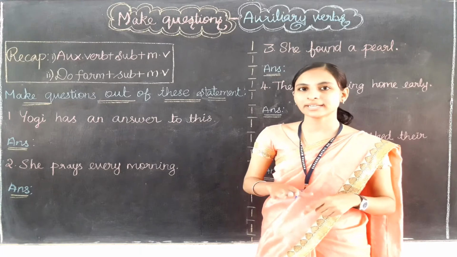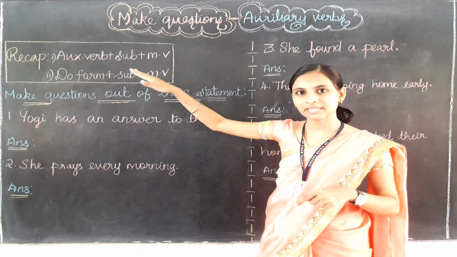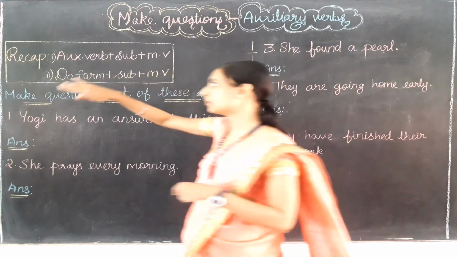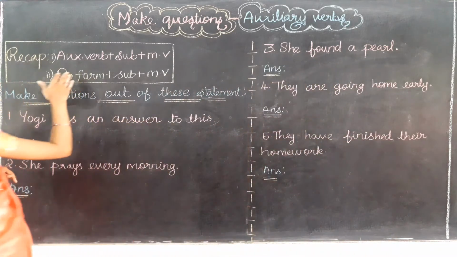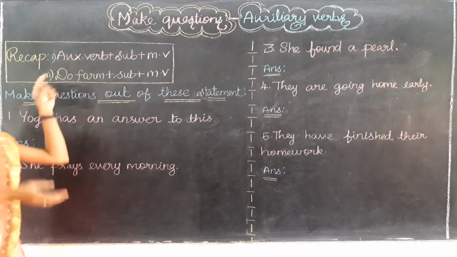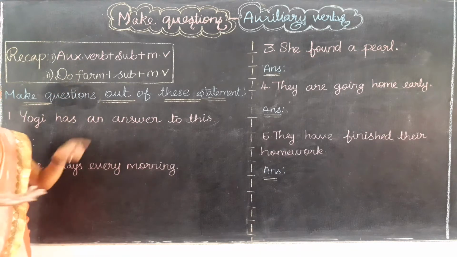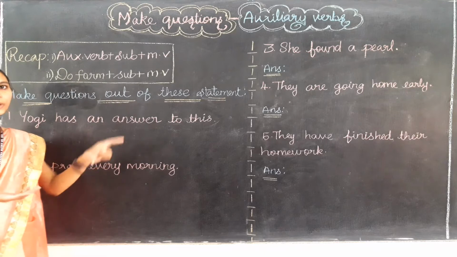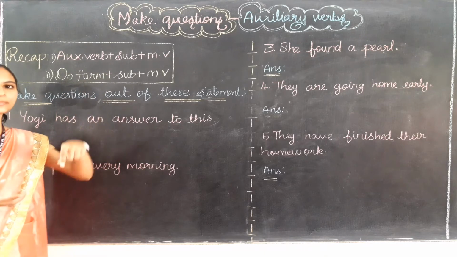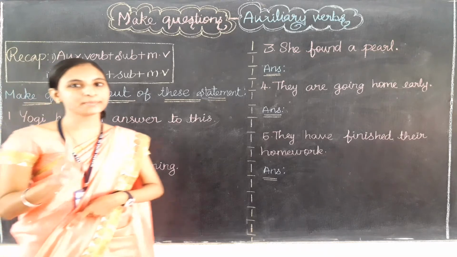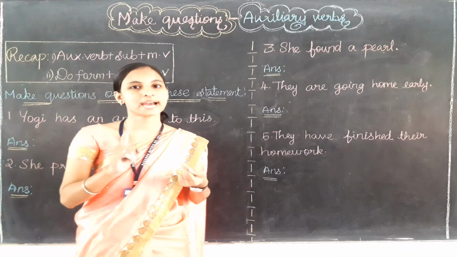So if you find a sentence which has the auxiliary verb and also the main verb, you need to apply the first rule. That is, you need to write the auxiliary verb first in a sentence to make the question. What will you write? First you are going to write the auxiliary verb, then the subject, then the main verb. So this is applicable to the sentence which has a main verb as well as the auxiliary verb.